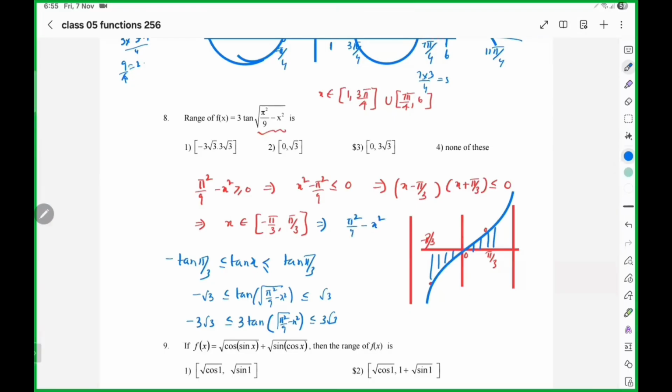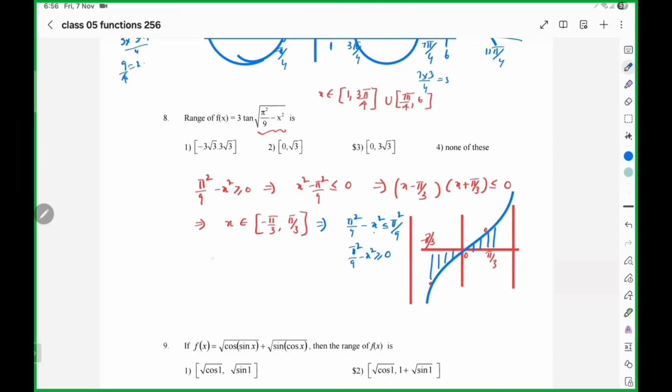We want x square. Pi square by 9 minus x square must be greater than or equal to 0. Here you assume pi square by 9 minus x square as y. So that means y should be greater than 0.